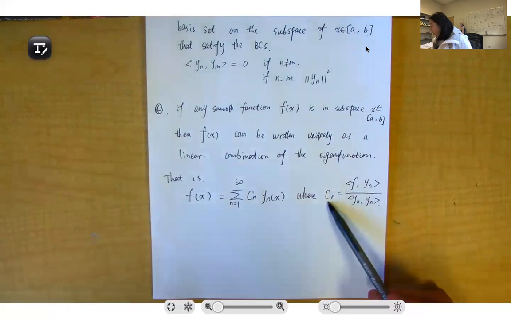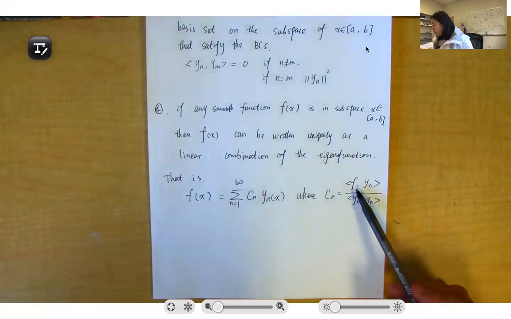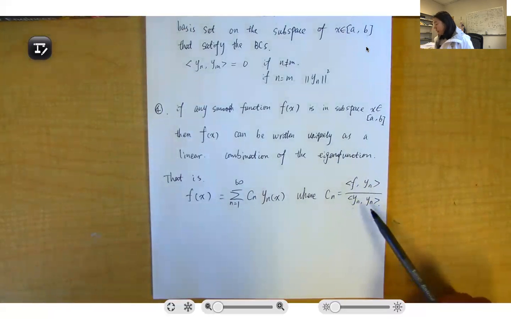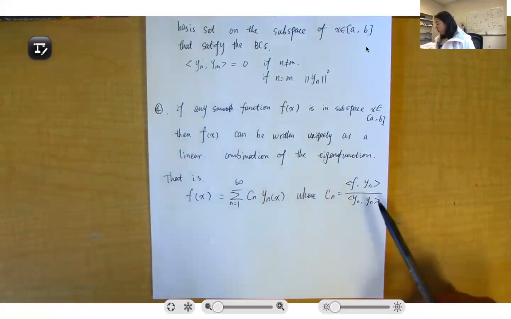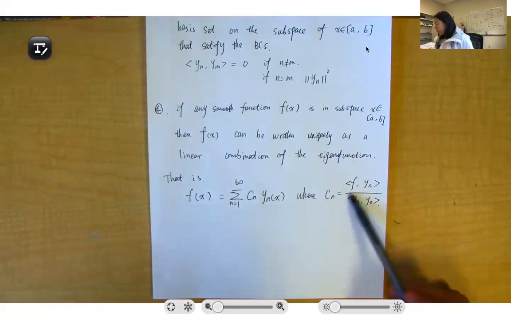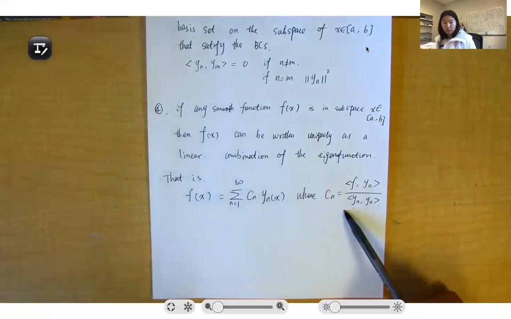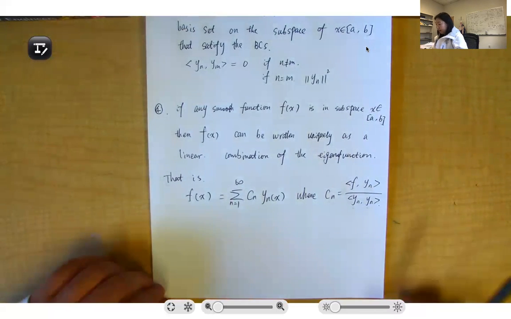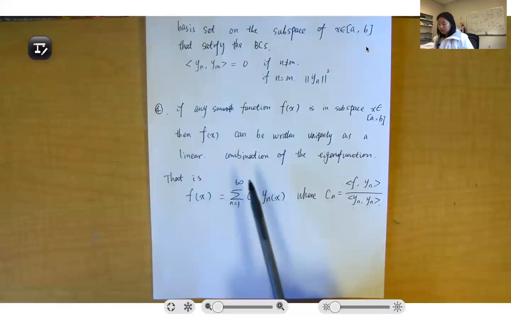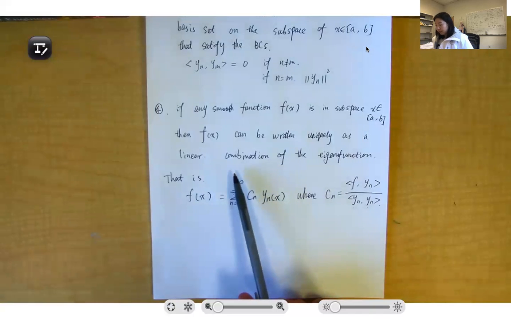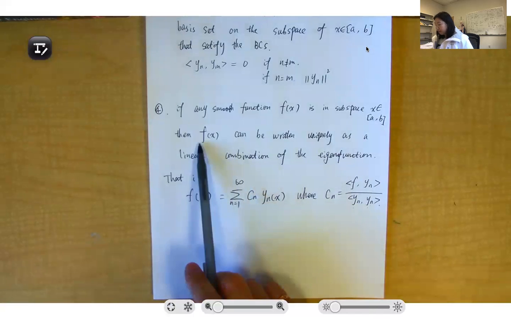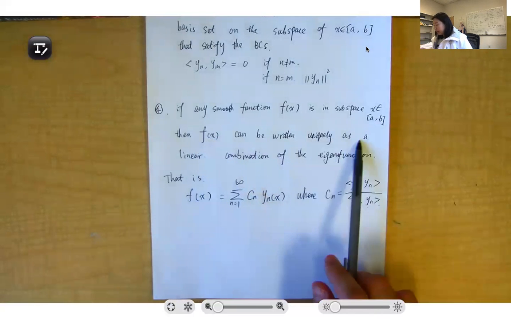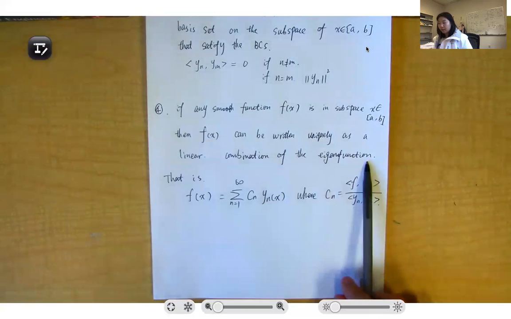So the constant will be equal to the inner product of f and yn over that of yn, and this is kind of like a normalized term because you have the denominator, which is yn. And we will show both the MATLAB programming and by handwriting how this f(x) can be written uniquely as a linear combination of the eigenfunctions.